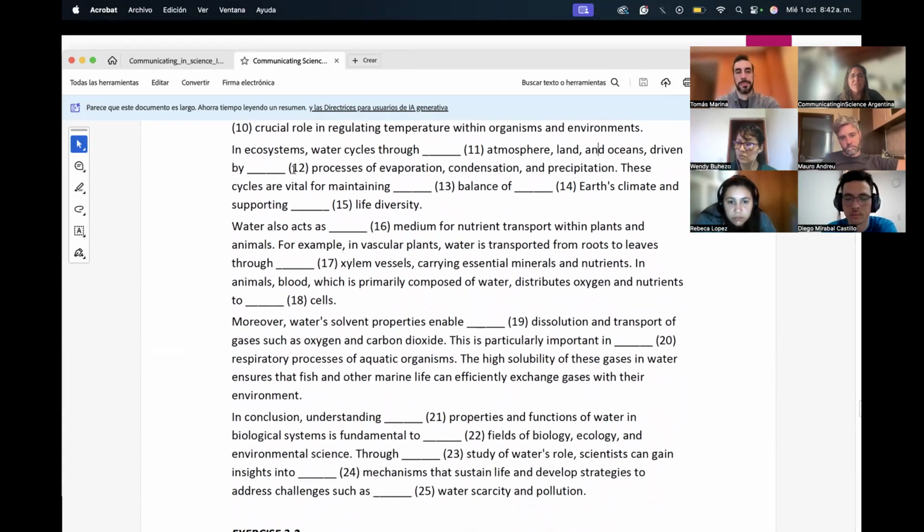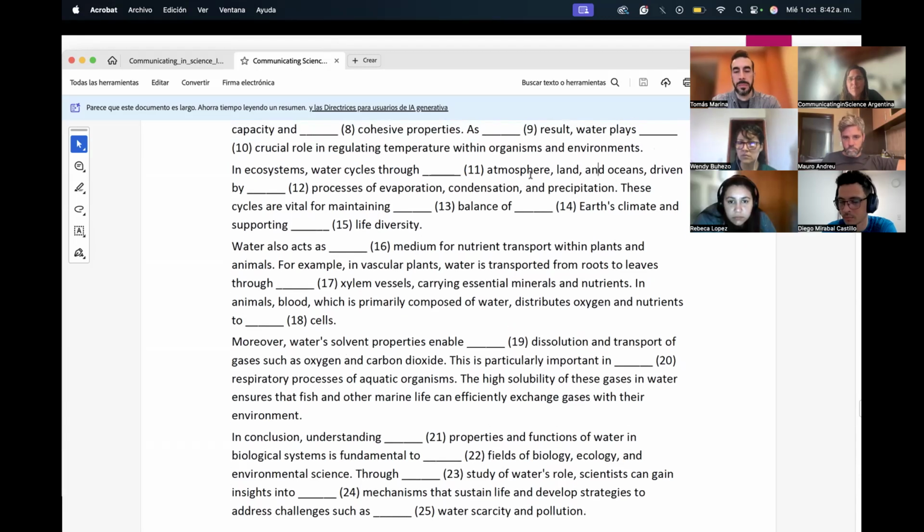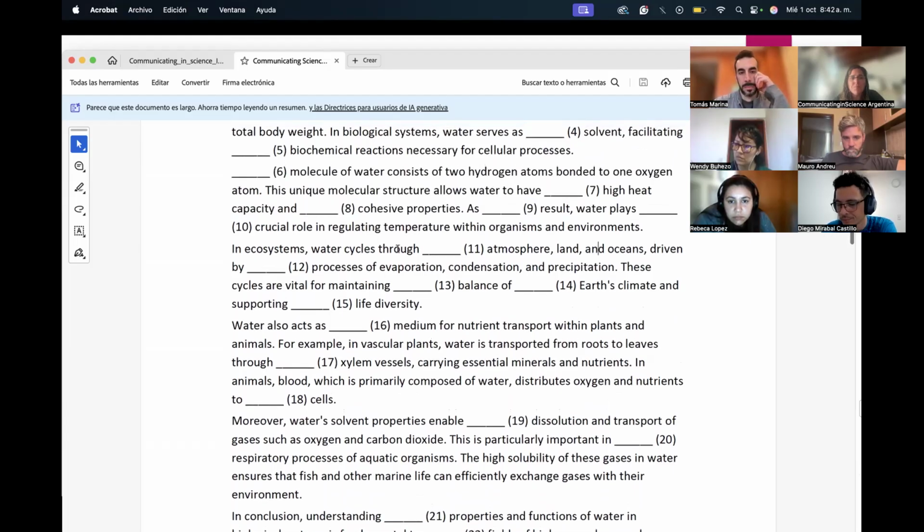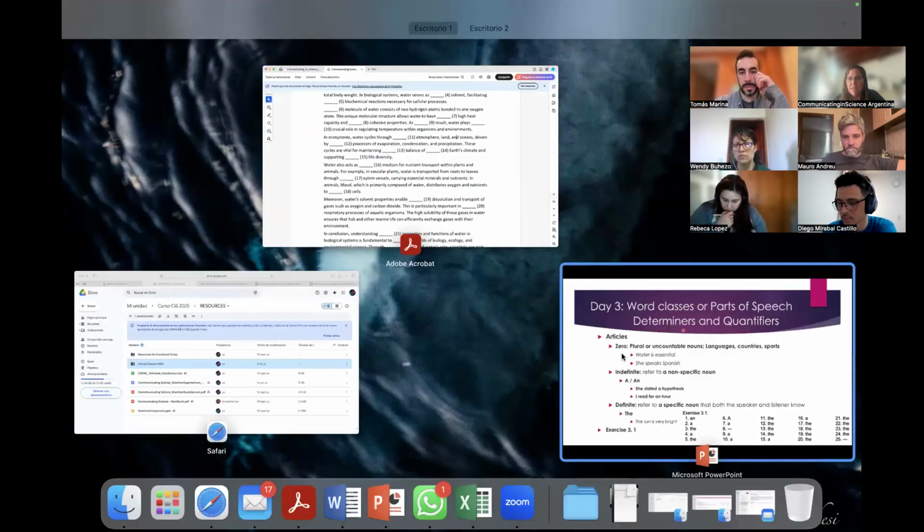Who dares? I have a question, with number 6. Why is it a molecule of water and not the molecule of water? You could use both in that case. Let's see what I have in 6.